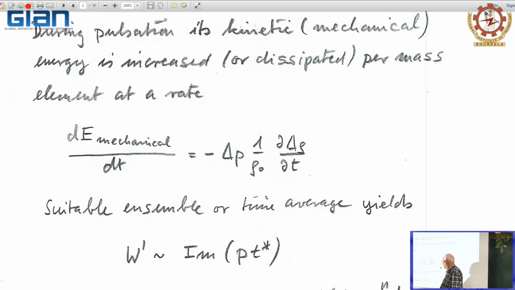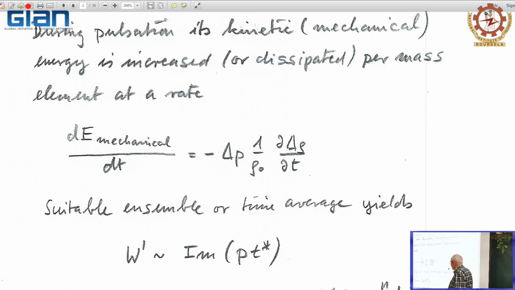So what would that be in the adiabatic case? Pressure times temperature. Well, this refers to the eigenfunction of our perturbation problem. So this is the pressure perturbation part of the eigenfunction, and this is the temperature part of the eigenfunction.